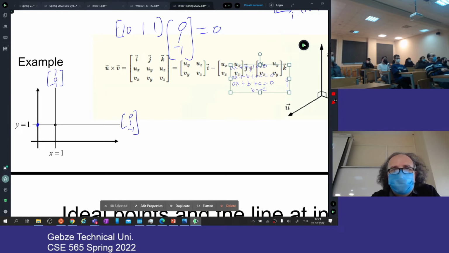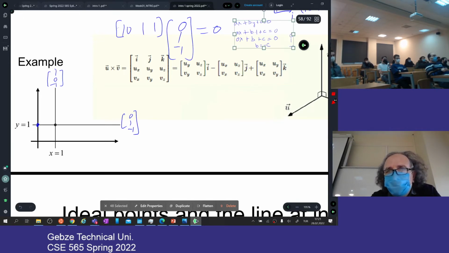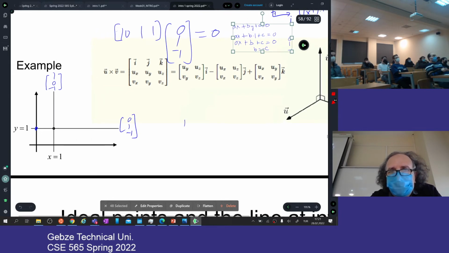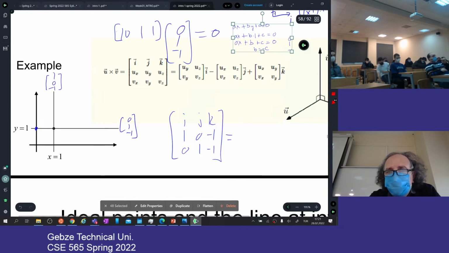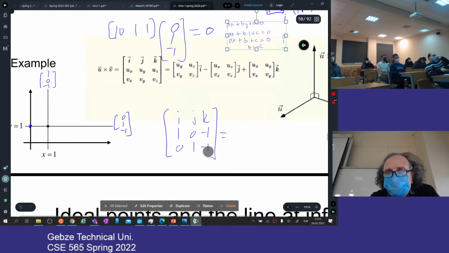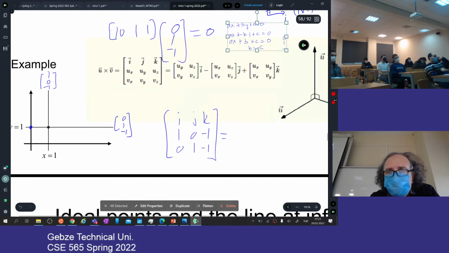How do we do the cross product of these two lines? Okay, this is the formula for the cross product. I, J, K, and 1, 0, minus 1, 0, 1, minus 1. Cross product of it. What do we get? This times this. No, this times this. Tell me what it is. 0 times minus 1 minus minus 1.